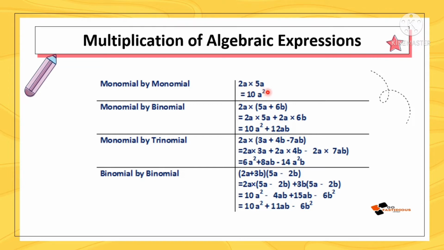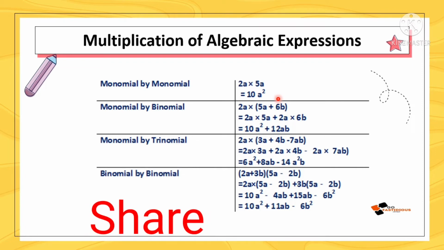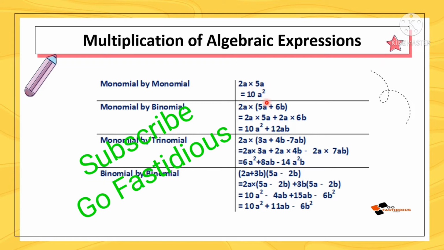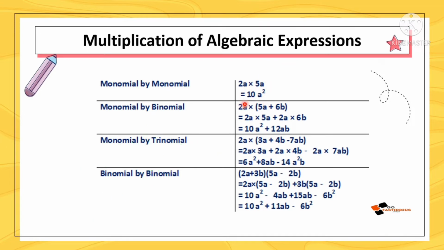Since we need to multiply these two monomials, always remember the numbers will be multiplied by the numbers and variables by the variables. If we multiply 2 and 5, it is 10, and a into a, from the exponents and powers chapter, a raised to the power 1 multiplied by a raised to the power 1, so total a raised to the power 2. So 2a into 5a is 10a square.